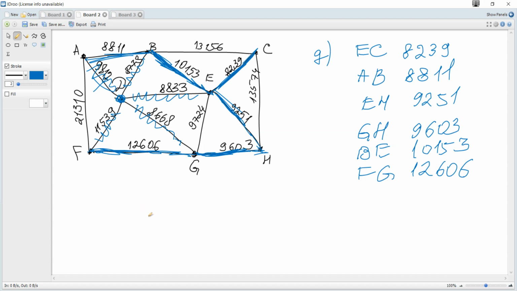And to get the lower bound, we should add two edges from D with the least weights, and from D it's plus DG, and plus BD. And add all values up plus these two edges, and we get the lower bound.